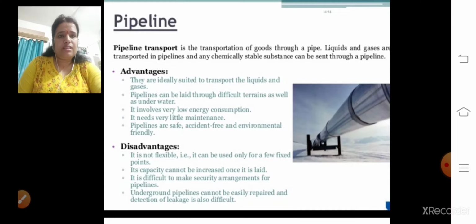See, pipeline is the transportation of goods through a pipe.